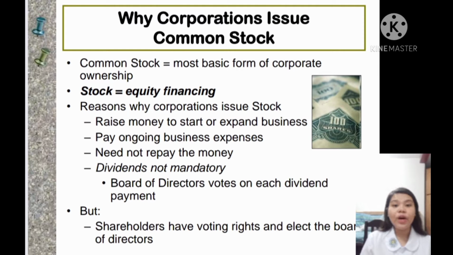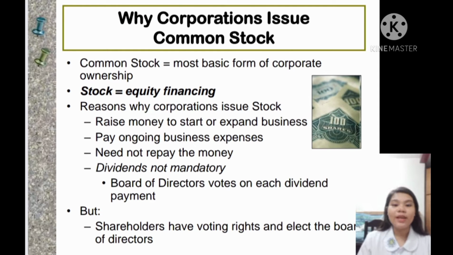Second, pay ongoing business expenses. Third, not having to repay the money. They don't have to repay the money because the stockholders or the shareholders pay for the stock. Fourth, dividends are not mandatory, because some corporations distribute 30 to 70% of their earnings to stockholders.